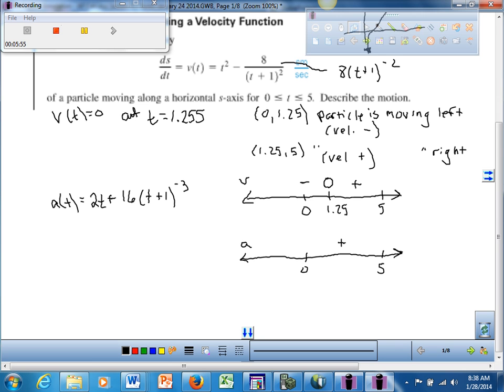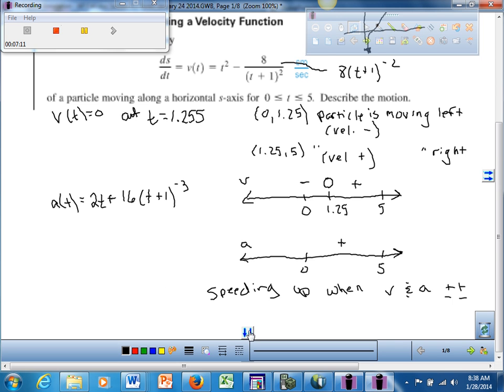So if you're asked whether a particle is speeding up or slowing down, you need to look at the sign of the velocity and the acceleration in that interval. Speeding up when V and A are both positive or both negative.